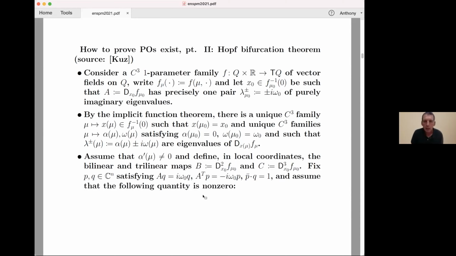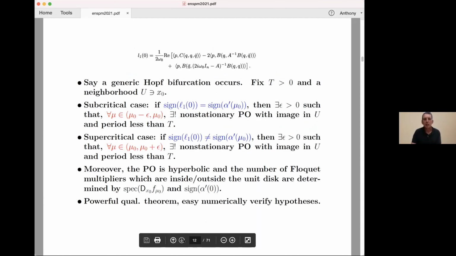I won't go through all the conditions here in the interest of time, but there are just a few reasonable local conditions that tell you that if you have this pair of purely imaginary eigenvalues and you change the parameter in a reasonable way, then you end up with a periodic orbit. And that's the Hopf bifurcation theorem.